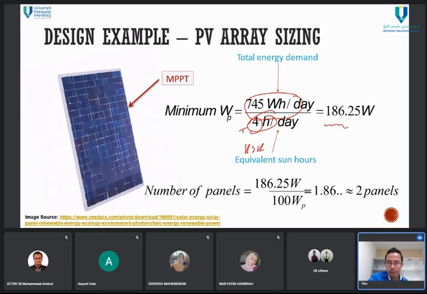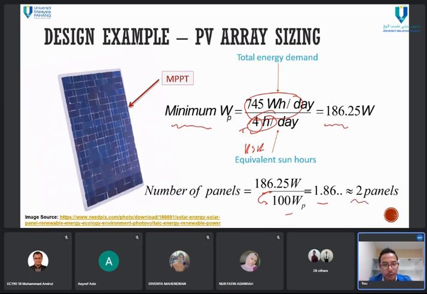So if we use the 100 watt modules, the number of panels that we need in order to make sure that we can supply enough power to the modules, to our battery, to our necessity. We divide by the original PMP, then we get 1.86, and because this is the minimum watt peak that we need for our PV modules, we need 2 panels.